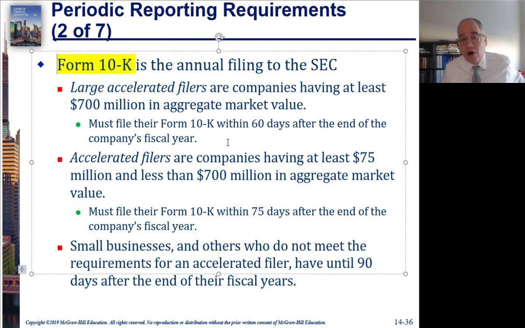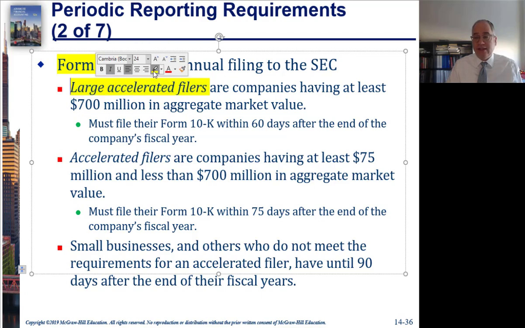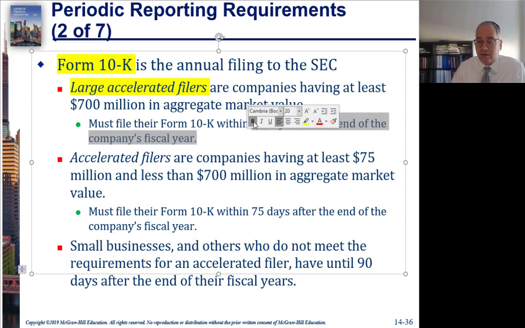and what are called large accelerated filers must file within 60 days of the end of the fiscal year. So who are large accelerated filers? They have market value exceeding $700 million.